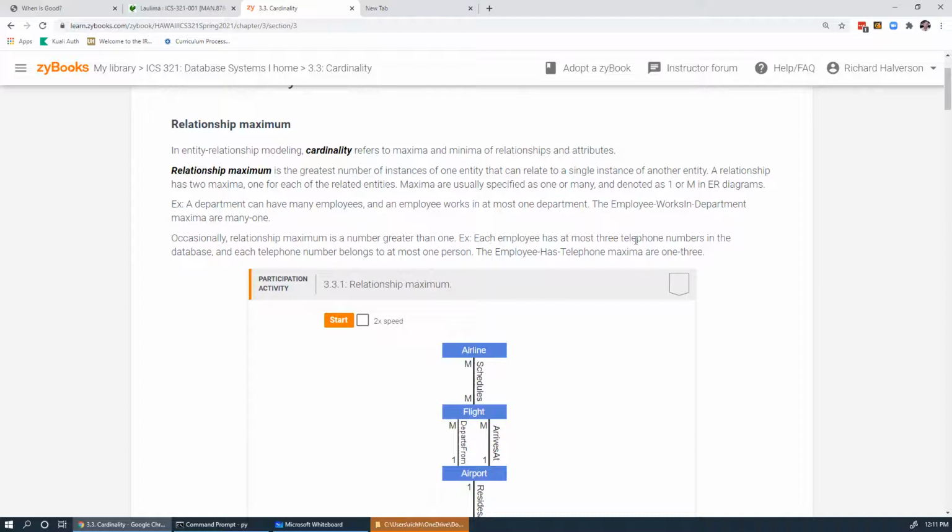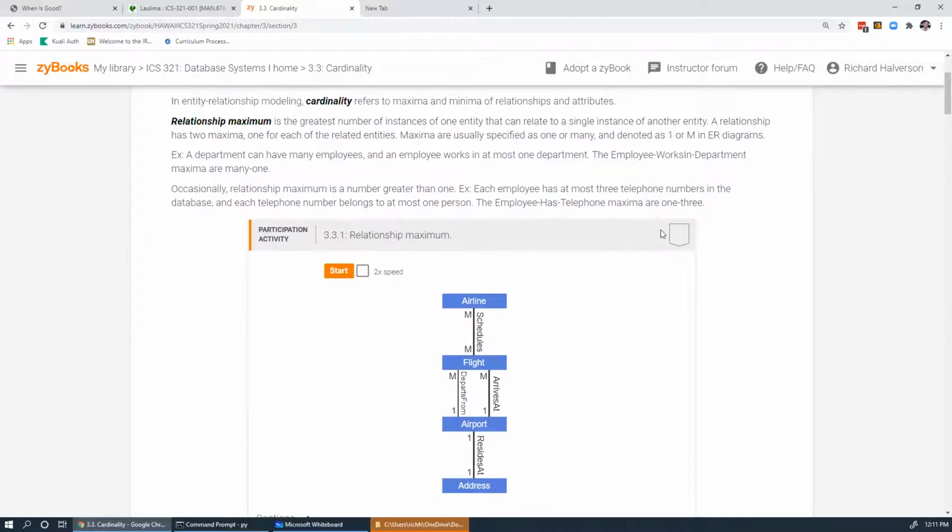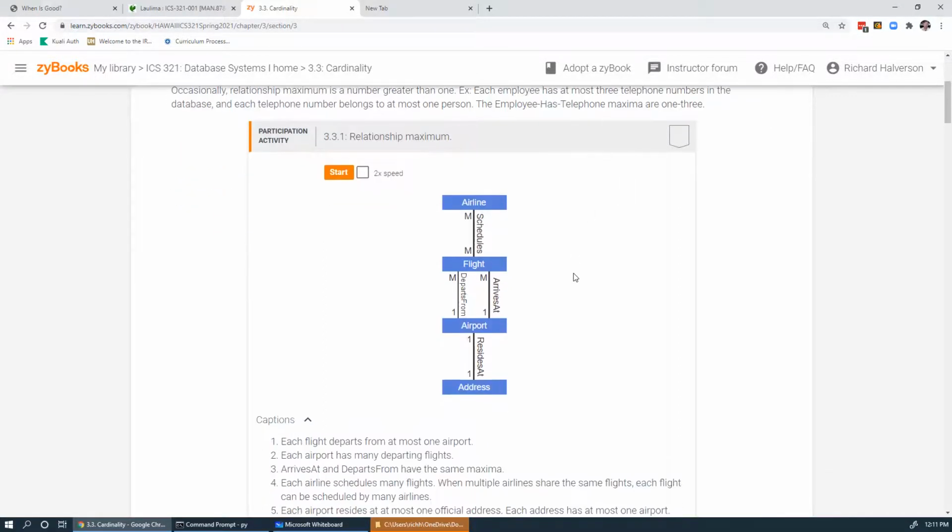Each employee has at most 3 telephone numbers in the database, and each telephone number belongs to at most 1 person. This employee-telephone relationship has maxima of 1, 3. Usually you would just take care of that by having 3 fields in the table. So anyway, here we go.